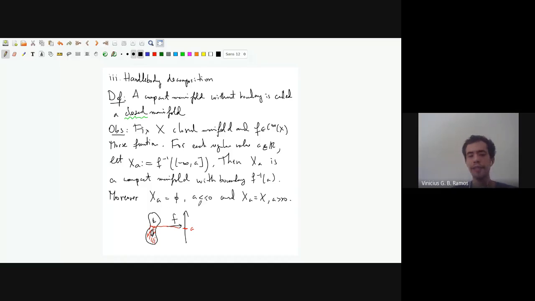And if a is very large, above the maximum, then X_a is the whole manifold. So in a way, if I want to reconstruct the manifold, I could think about what happens with X_a as a goes between the minimum and the maximum of the function. And that's the main idea of this handlebody decomposition. I would say that's the main idea of Morse theory, to look at these manifolds X_a for varying a. Okay? Any questions about this?